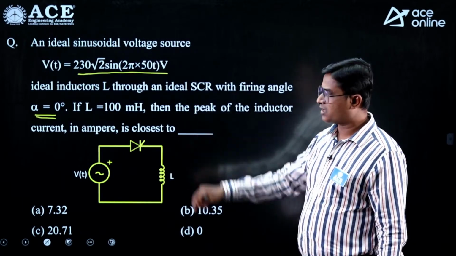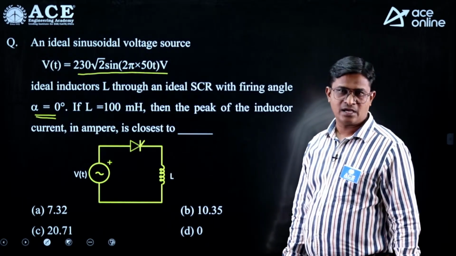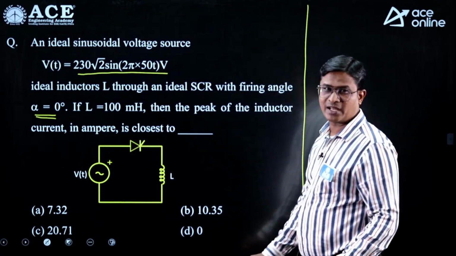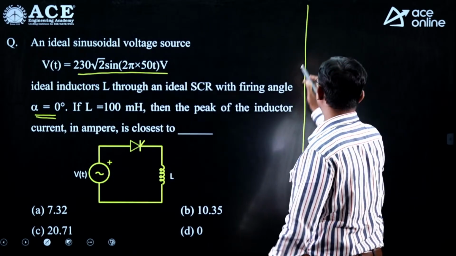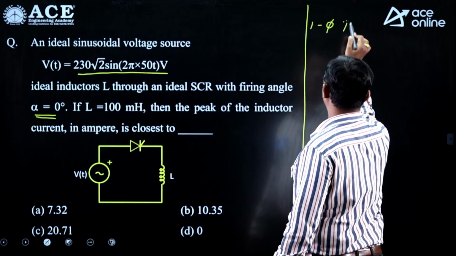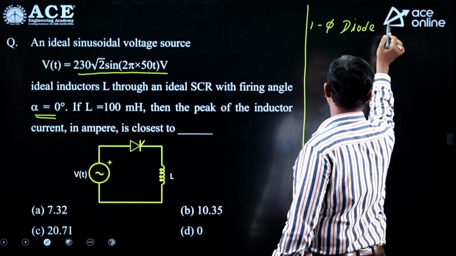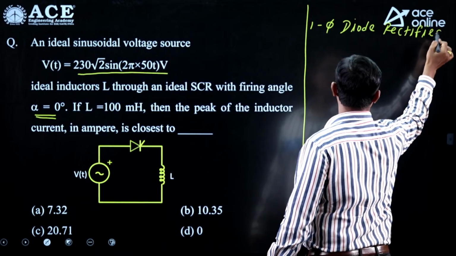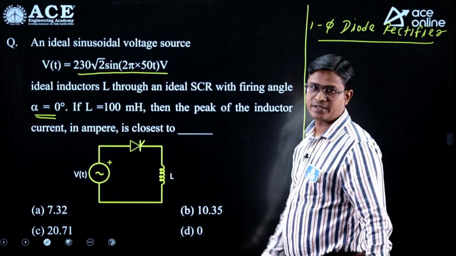But now they are talking about alpha is 0 degree. Alpha 0 degree means, can I say that my SCR rectifier will behave like a diode rectifier? So it is a single phase diode rectifier. Your circuit will behave like a diode rectifier because firing angle alpha is now 0 degree, right?